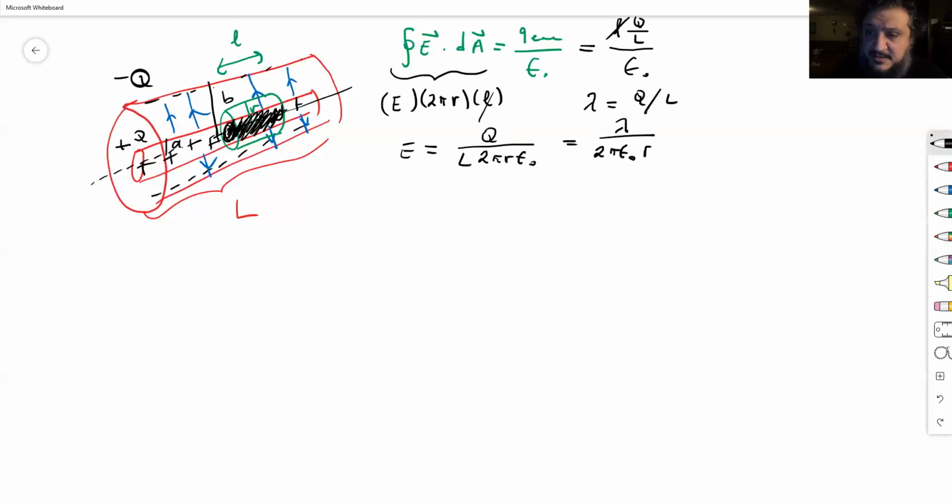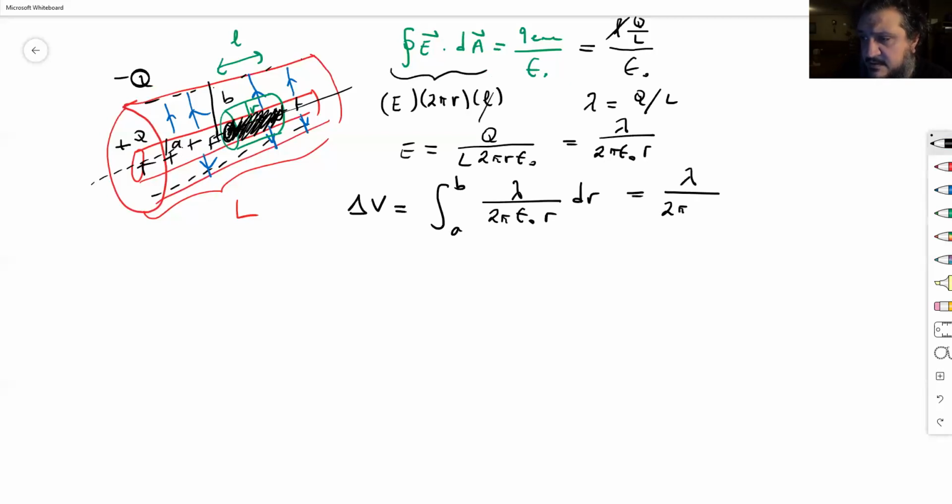So the potential difference, delta V, then, will be the integral from A to B, lambda over 2 pi epsilon 0 r dr, or lambda over 2 pi epsilon 0, the natural logarithm of B over A. If you carry out the integral, that's what you get.